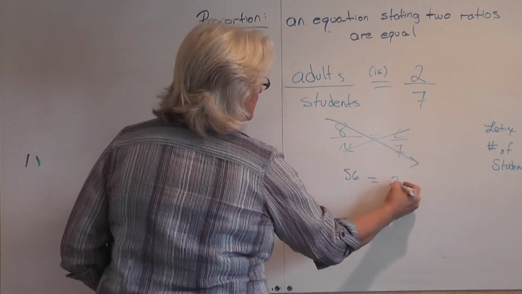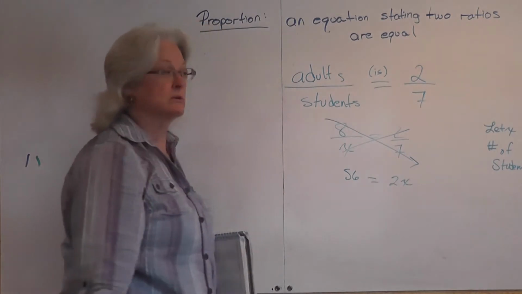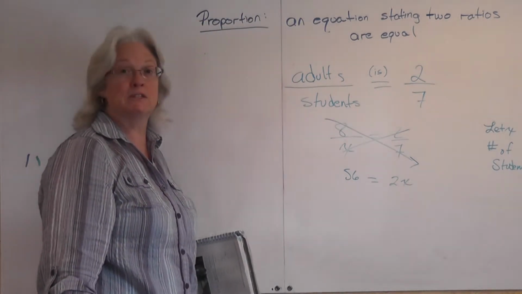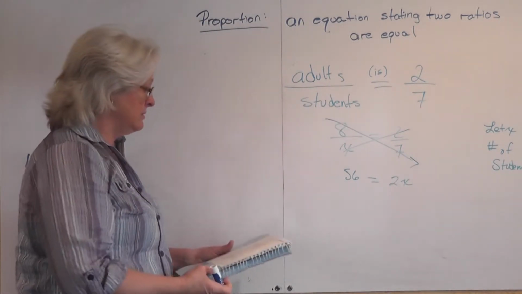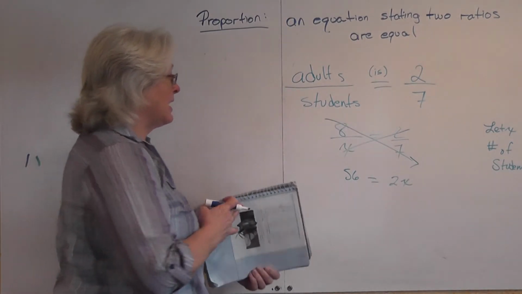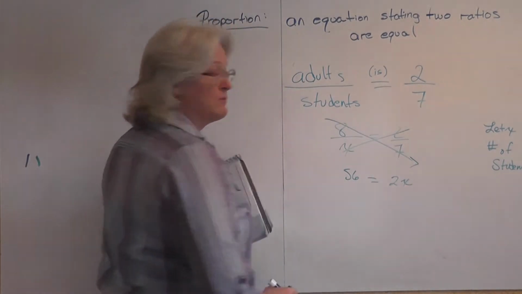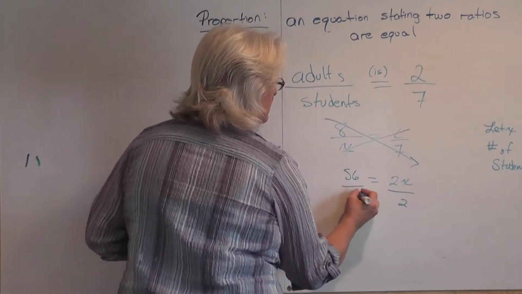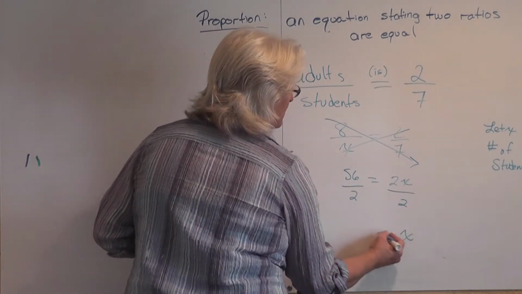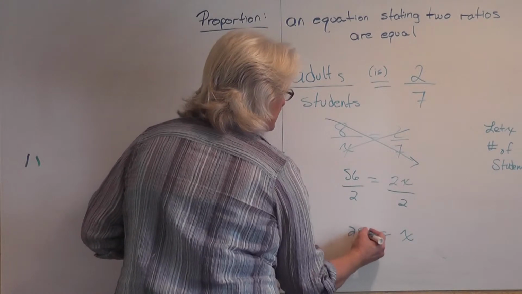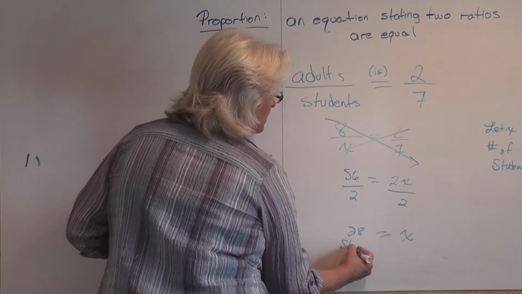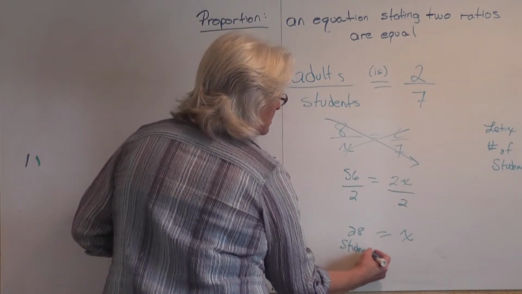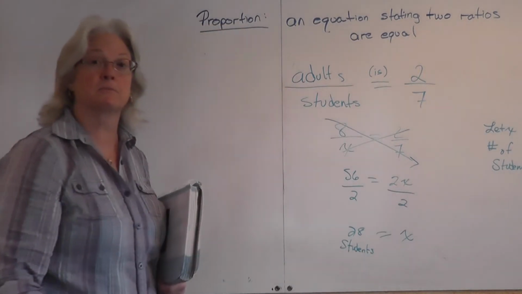56 is equal to 2x. 7 times 8 is 56. Now what do we do? We're going to divide both sides of this equation by 2. And we have x is equal to 28 students.